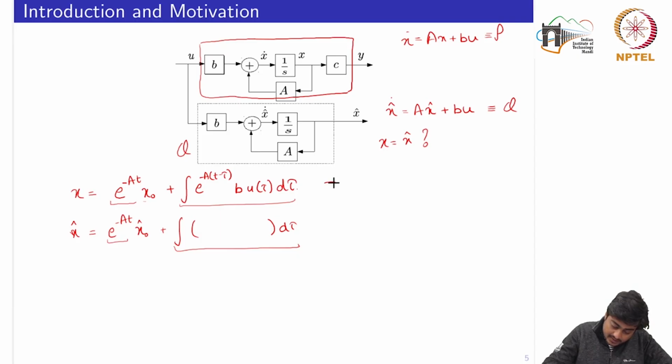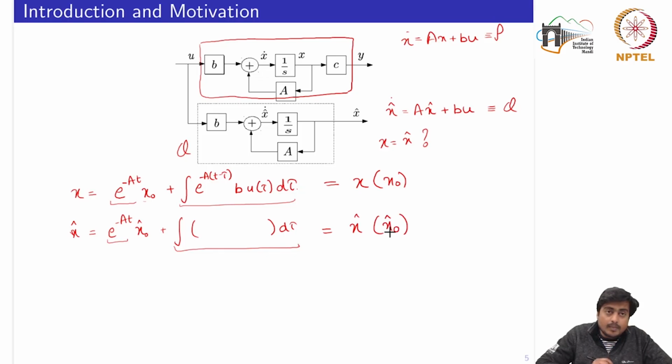So I can write this as x as a function of x naught, and this as x hat as a function of x hat naught. So I know that if x naught becomes equal to x hat naught, then it implies that I would definitely have x equal to x hat for all time t.